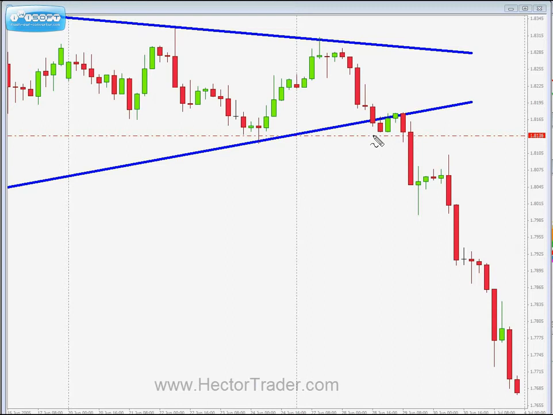So as we make a new low, this being the low of the breakout thrust, after the pullback, once we continue moving down and make a new low below the breakout thrust, that's where I trigger my short entry.